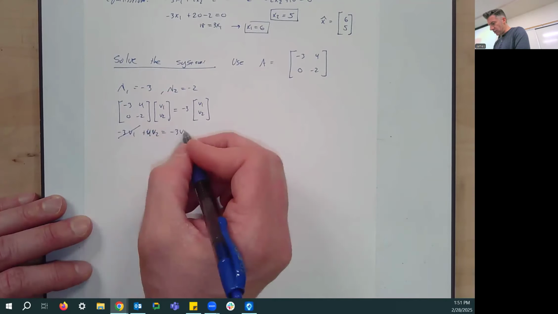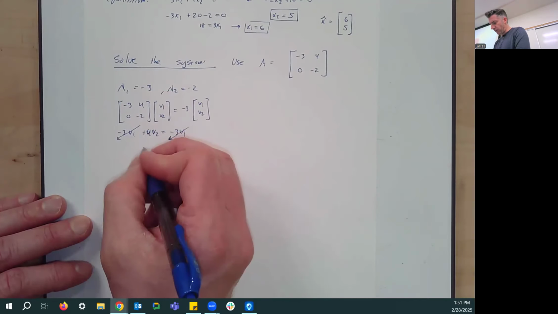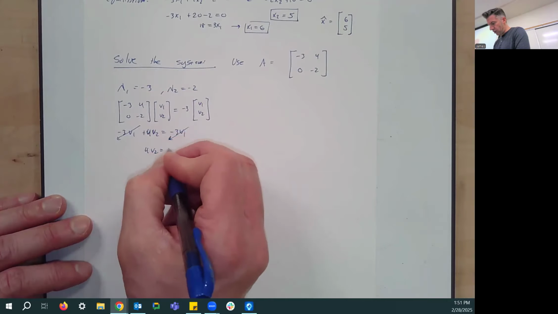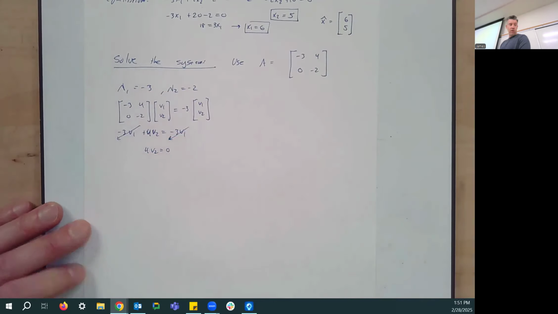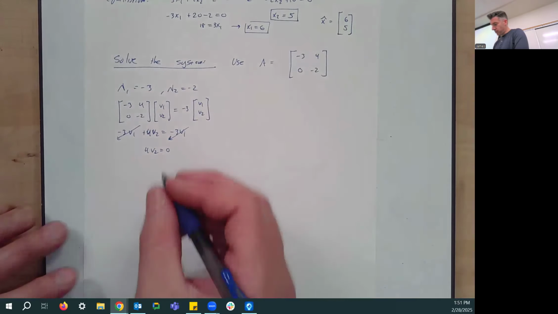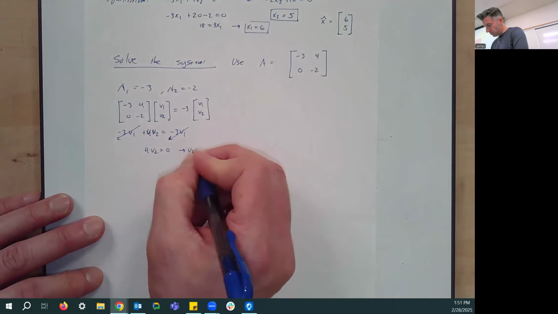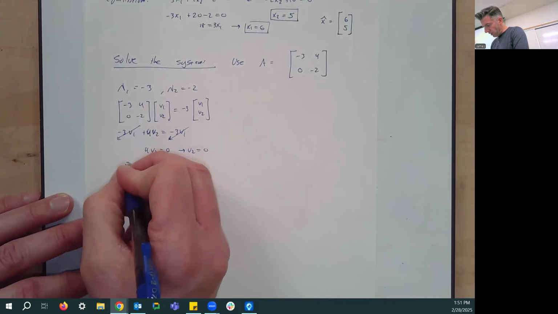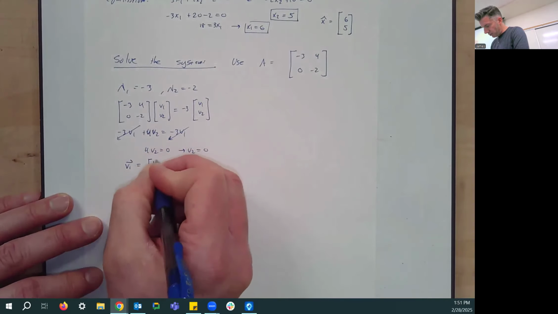The V1s cancel, leaving us with 4 times V2 equal to 0, which means V2 is 0, and our vector is the vector 1, 0. So our first eigenvector is 1, 0.